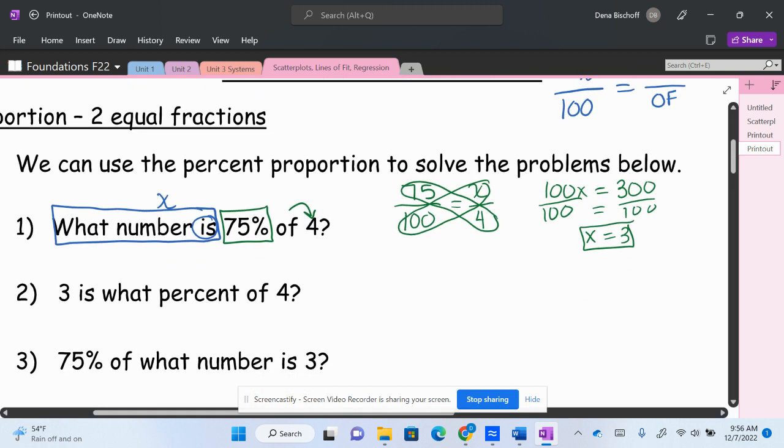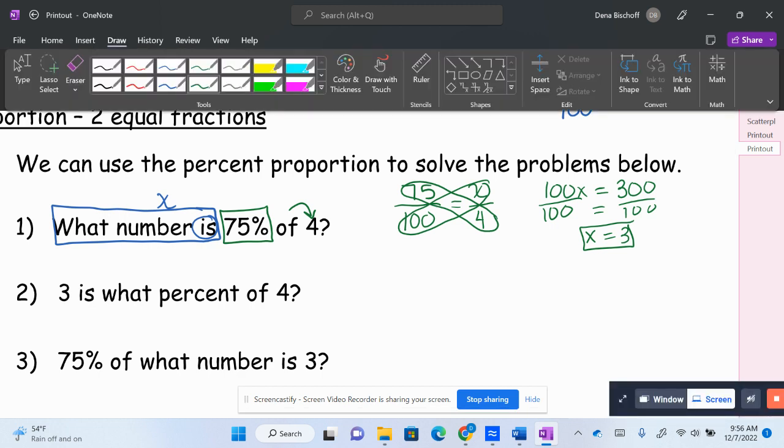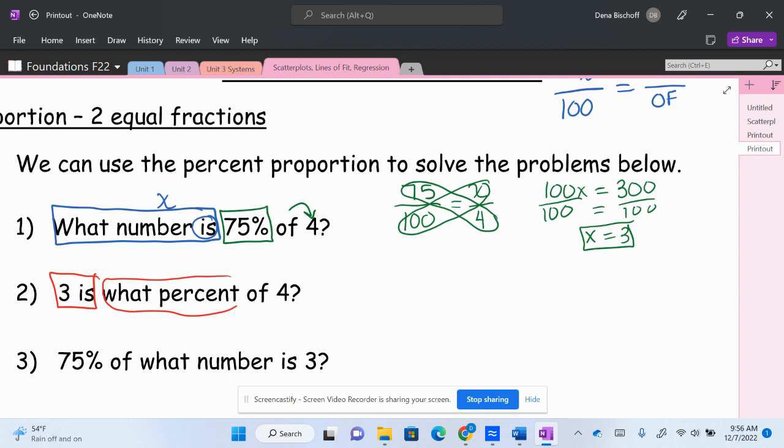So 3 is what percent of 4? We already know that 3 is 75% of 4, but I want to show you how to set that one up. So 3 is what percent, this is my question, of 4.